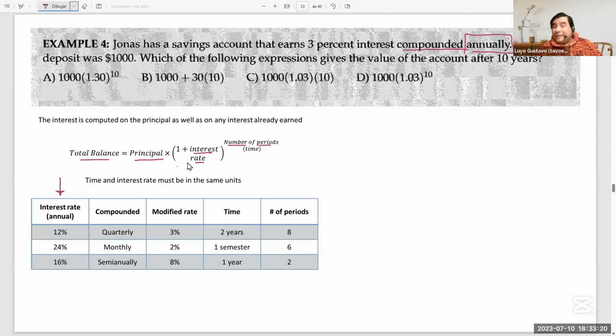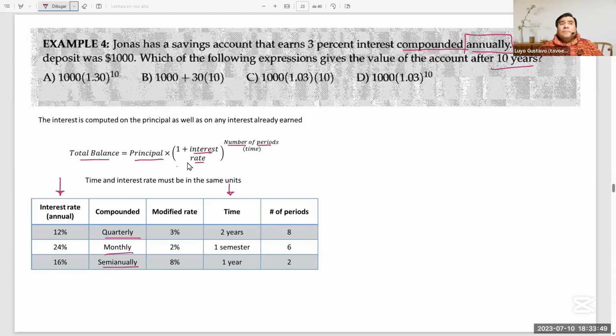It could be compounded annually, which means the interest is computed and earned every year, or every quarter, quarterly, or every month, monthly, or every semester, semi-annually. Then there is also, of course, the duration of the investment, which is usually given in years or any other time units. Here, 10 years is the duration, is our time.